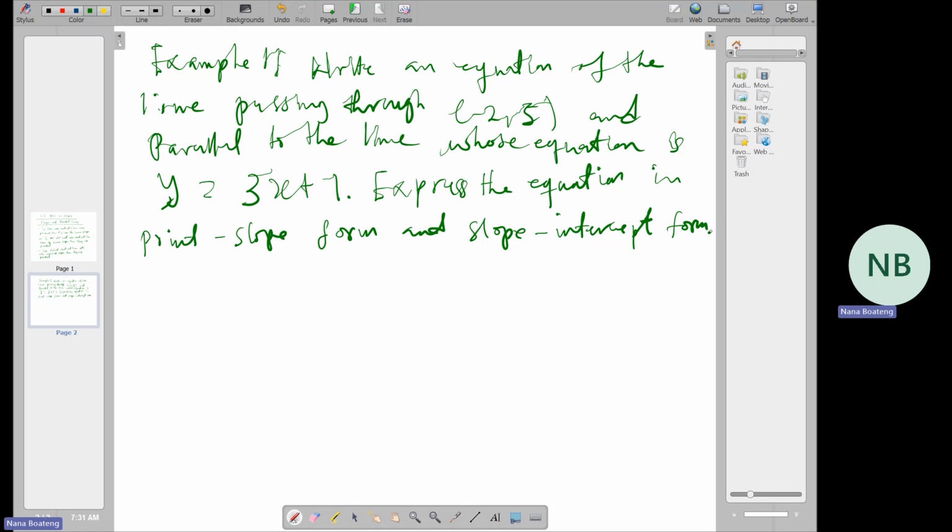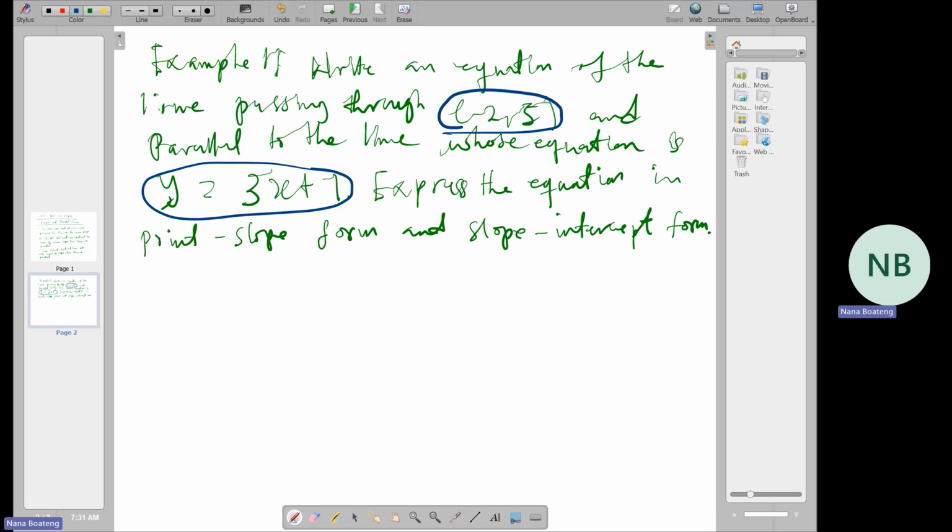All right, so we are told that the line that passes through the point (-2, 5) is parallel to the line y = 3x + 1.